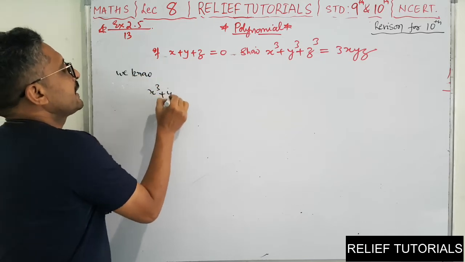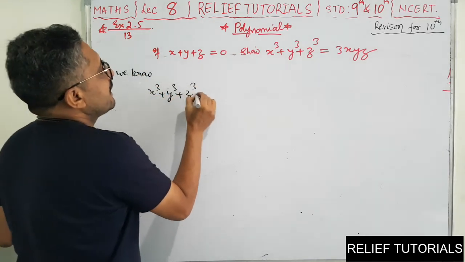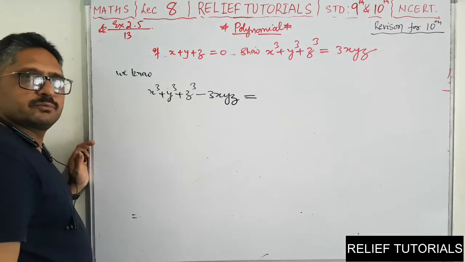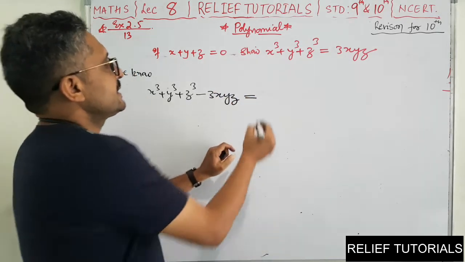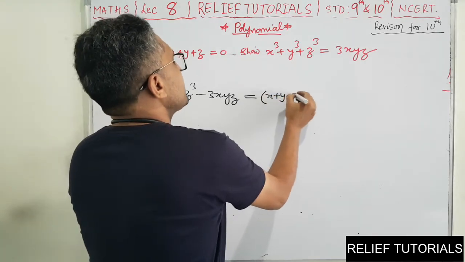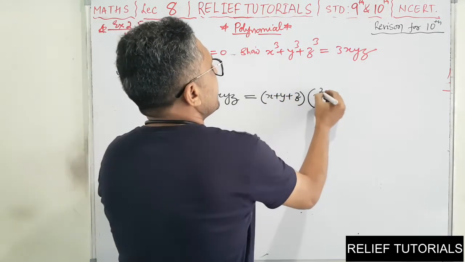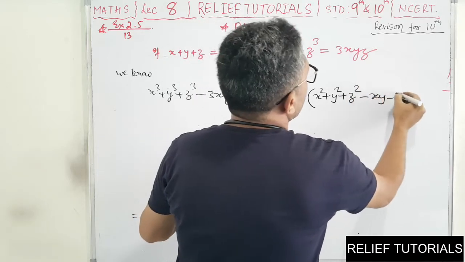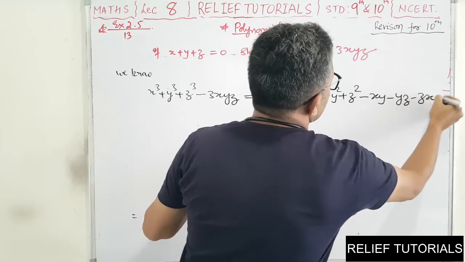x cube plus y cube plus z cube minus 3xyz is equal to x plus y plus z, second bracket x square plus y square plus z square minus xy minus yz minus zx. This is our identity.